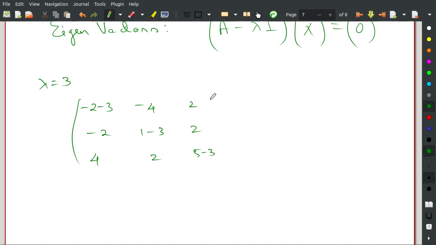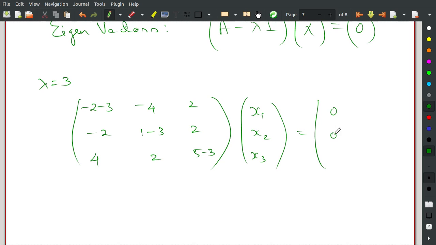Instead of x we have 3 vectors, x1, x2, x3, and the null vector 0 0 0. This is what I have written in a compact form.